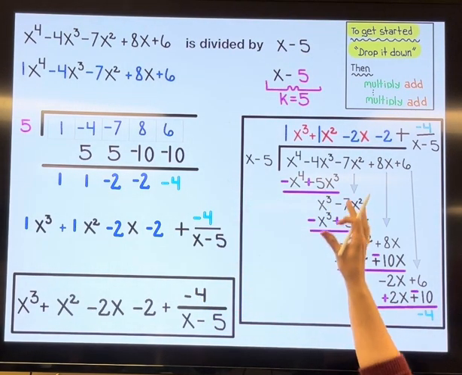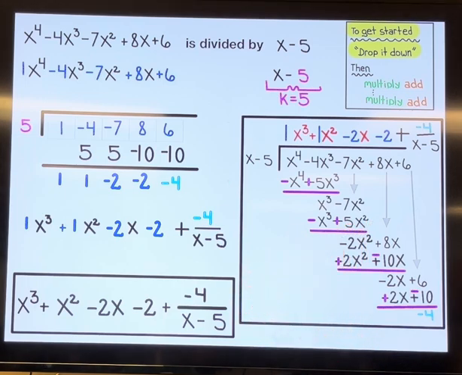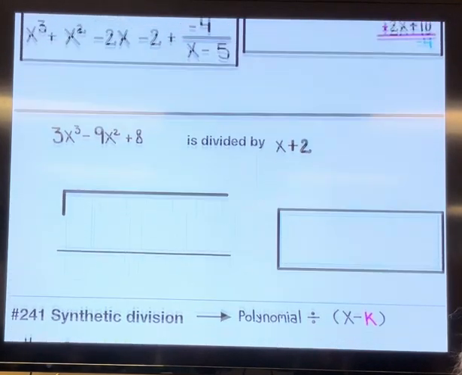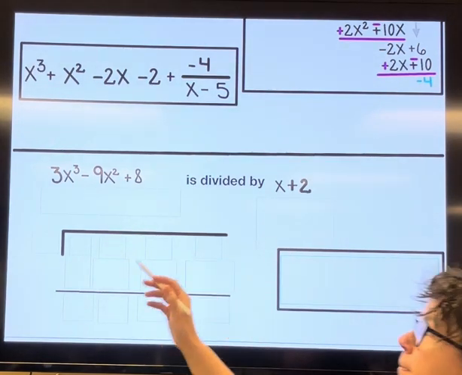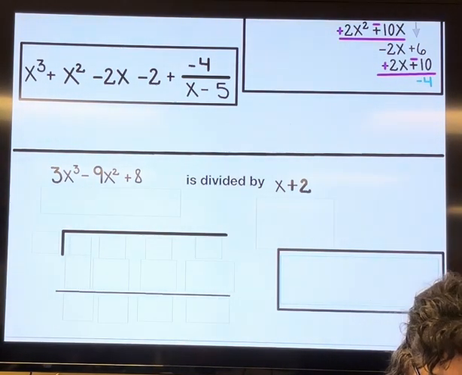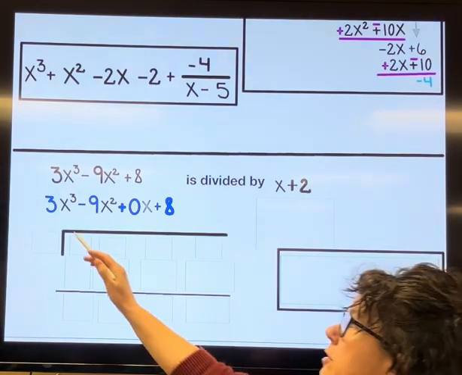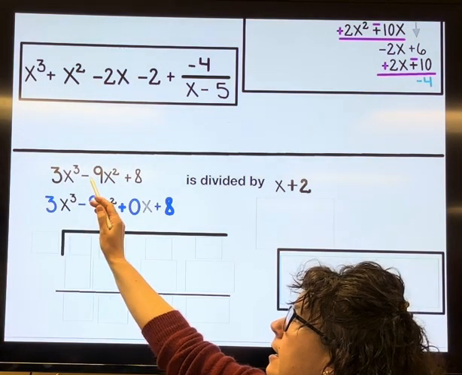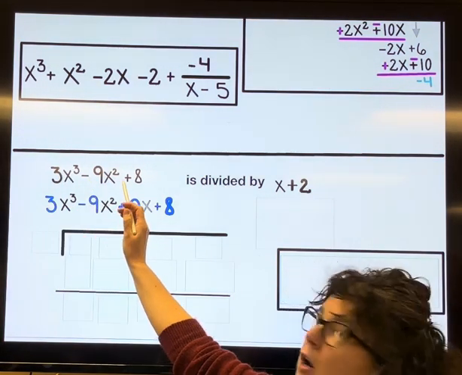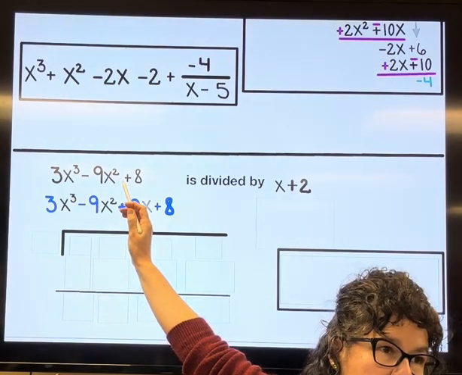Now this one I did really slowly for you. So we're gonna do one where we just move a little quicker so you see them sliding in a little faster, a little more fluid. Okay, so for this one here, first thing I wanna do is identify the coefficients. So 3, -9, see how I'm missing an x to the first power?